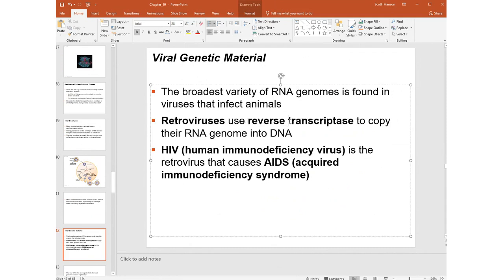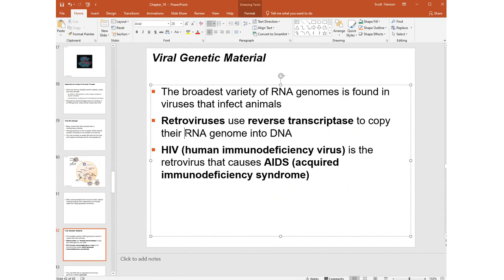You remember transcriptase? Basically, transcriptase enzymes cause transcription. And remember, back to General Biology 1, transcription is the process of using DNA as a template to produce RNA. But the normal transcriptase uses DNA to make RNA, while this reverse transcriptase from these retroviruses uses RNA to actually make DNA.